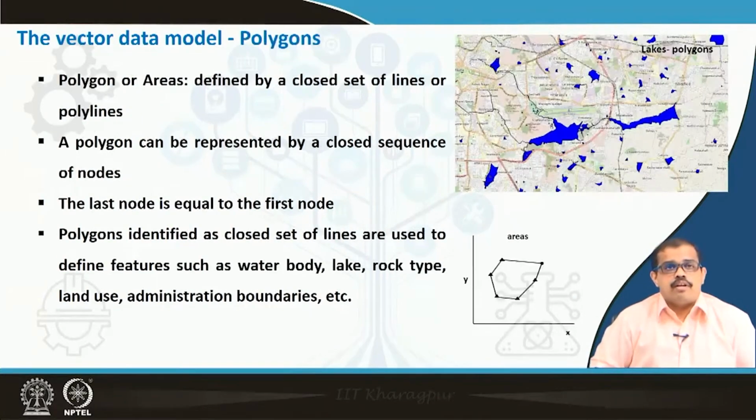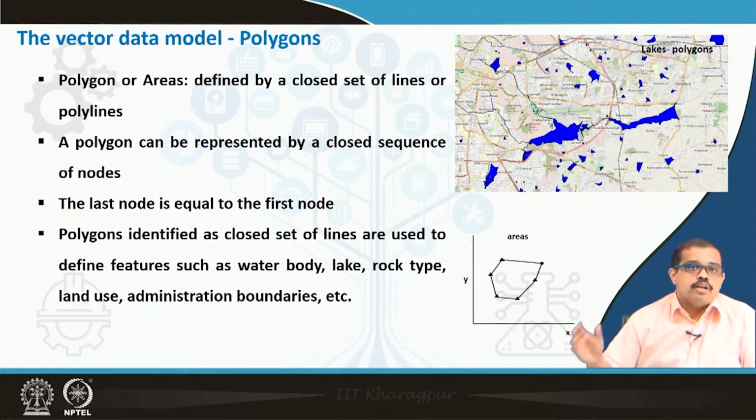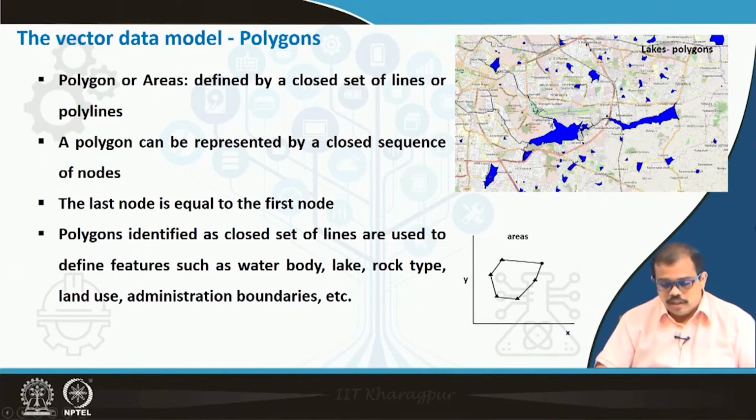When we look at the third kind of representation, it is nothing but polygons. This map is representing a number of lakes in the city of Bangalore. The blue color is representing lakes. A polygon, or area or surface, is defined by a closed set of lines, sometimes called polylines.